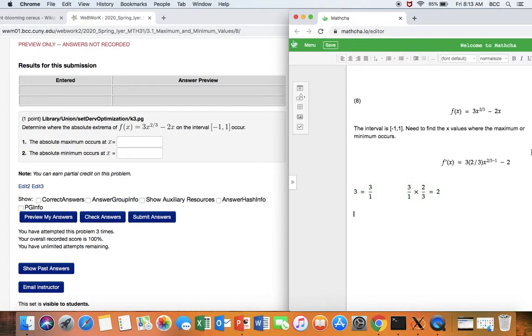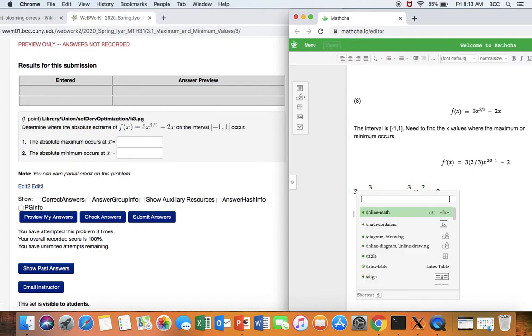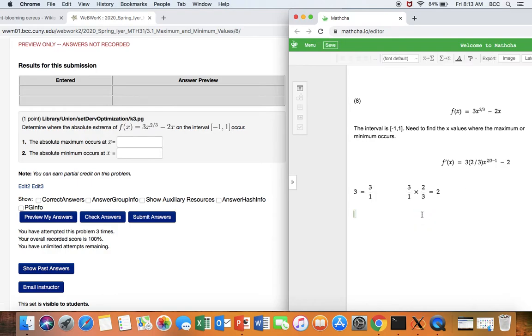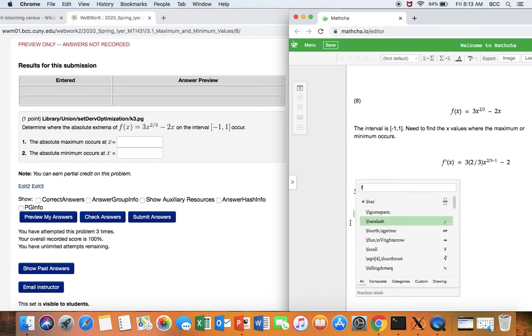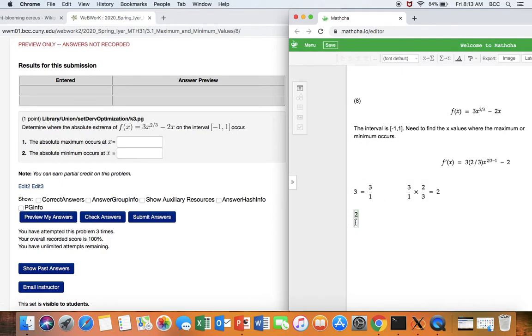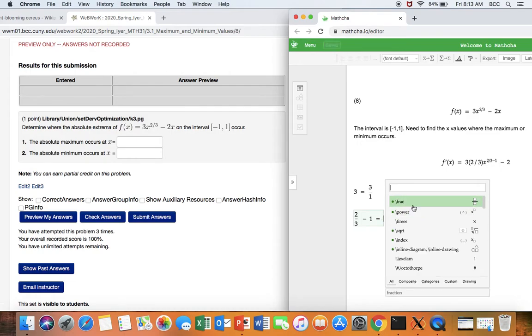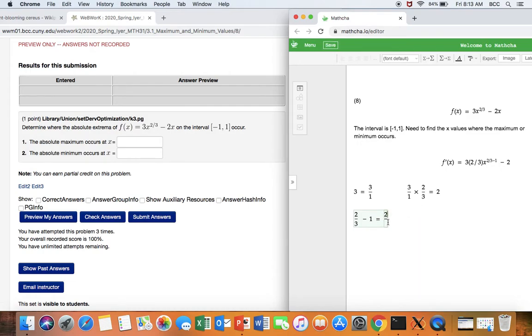What about the other part? 2/3 minus 1. So 2 upstairs, 3 downstairs, minus 1. This is equal, well, it's a fraction, 2 upstairs, 3 downstairs, and for subtraction you need common denominators.